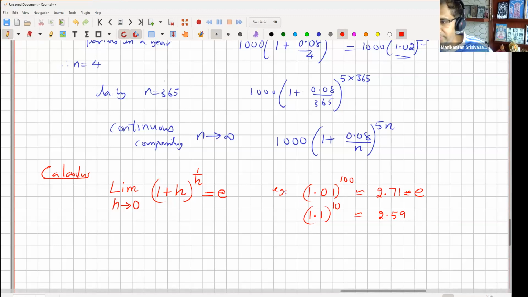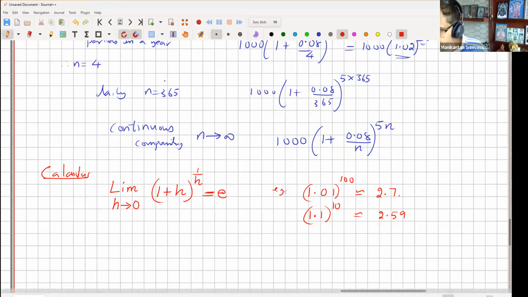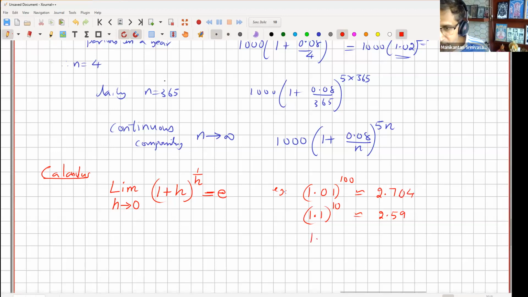Guys, do you have a calculator as well with you? For 1.1 to the power 10, I found 2.6. So for h equals 0.01, it's 2.704. Okay, so 2.704 for this, and for this one it's 2.59 or 2.6. And if you do 1.001 to the power 1000, I'm sure it'll be 2.71, right?